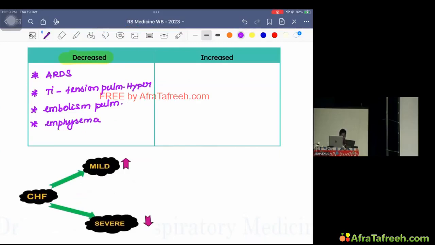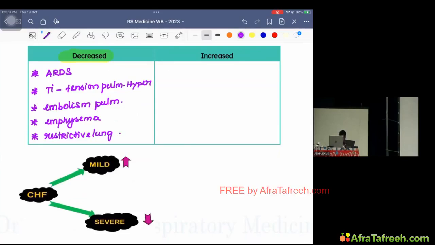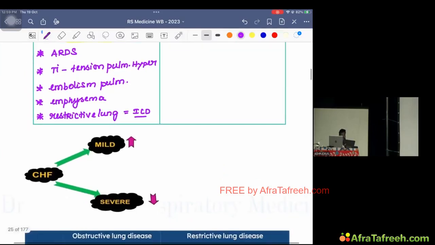Next is restrictive lung disease due to interstitial lung disease. Interstitial lung disease is what kind of restrictive lung disease? Intrinsic or extrinsic? Intrinsic.